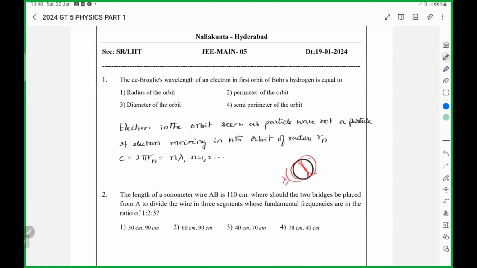So it is lambda by 2. That is, the circumference 2 pi r is covered by one wave. That is, the wavelength is the same as the perimeter.